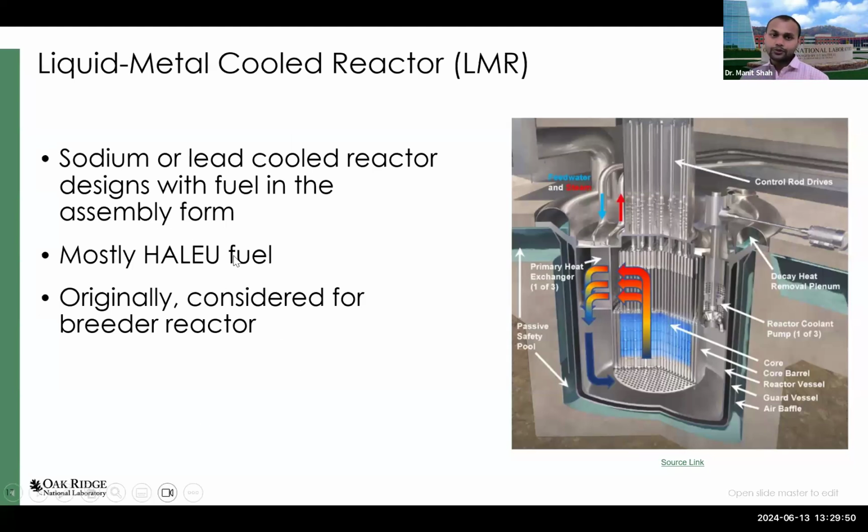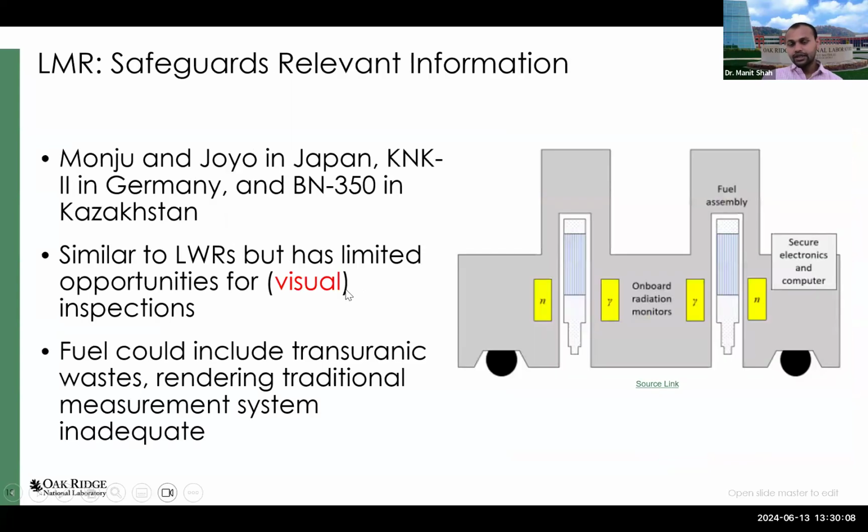For example, the prototype fast breeder reactor in India. But the sodium and lead cooled reactor designs are the popular ones. Sodium brings its own challenges as well. The fire safety issues warrant assessment.